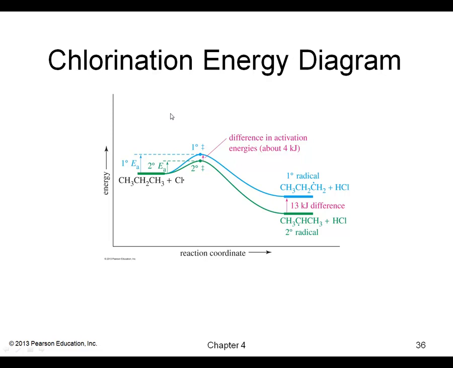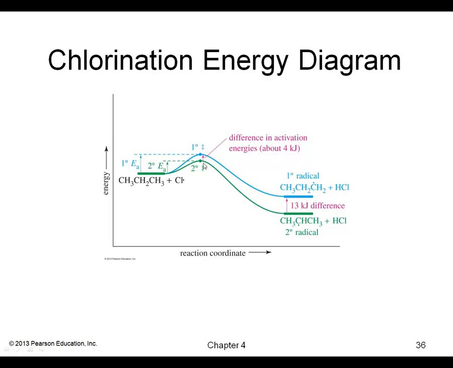Okay, and here you can see it in a reaction coordinate diagram. For the primary radical to form, it would be 13 kilojoules higher in energy than the secondary radical to form. So this radical here forms a lot easier than this primary radical.